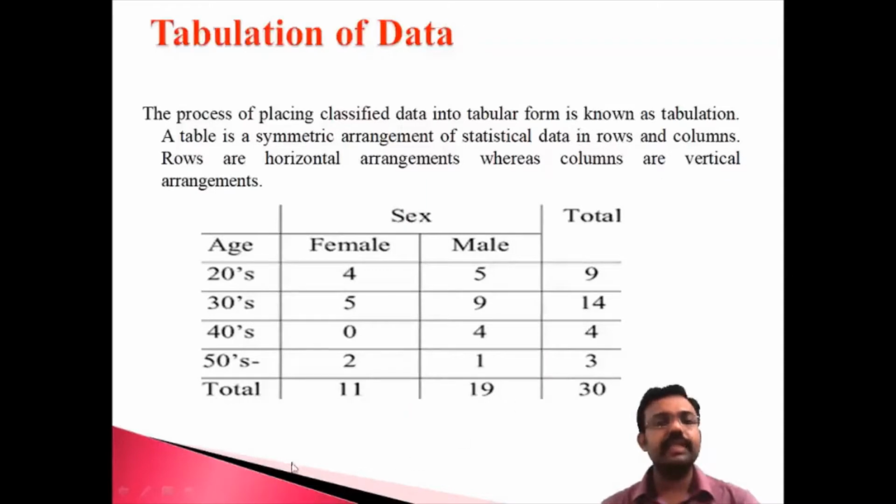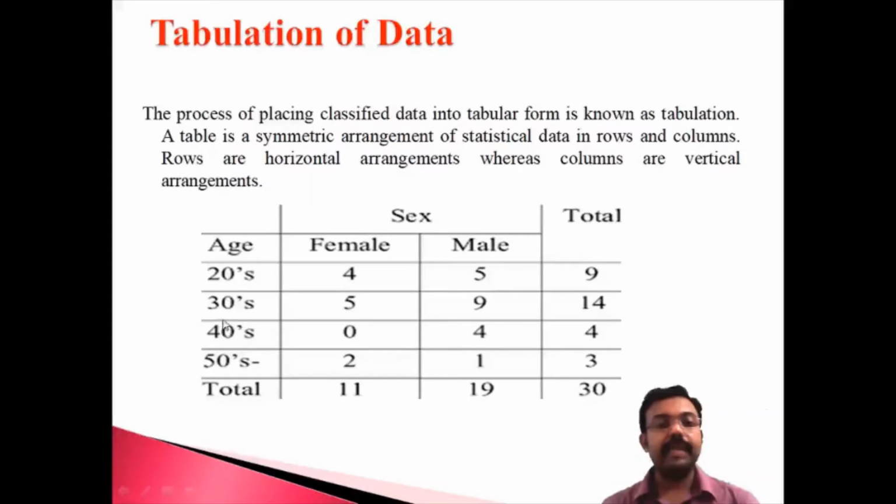Here is an example of a relation between age and sex. There are different age groups: 20, 30, 40, 50, and each is classified again sex-wise, that is gender-wise, male and female, with a total for each age group. In the age group of 20, there are 4 females and 5 males, and the total is 9.